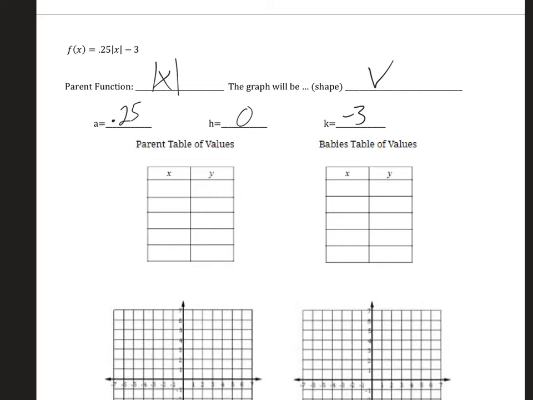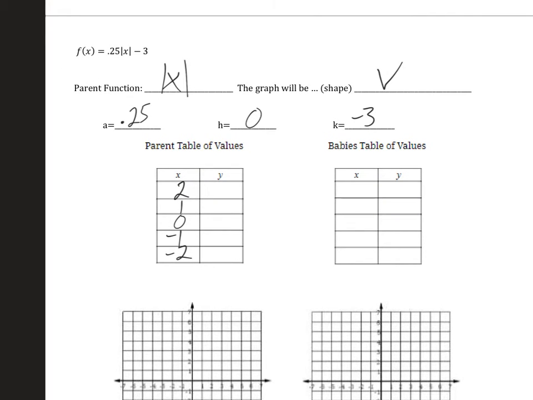What are my x values for my parent graph? 2, 1, 0, -1, -2. Okay, now we're just going to take these and make them all inside of the absolute value. So that's going to give me 2, 1, 0, 1, 2.